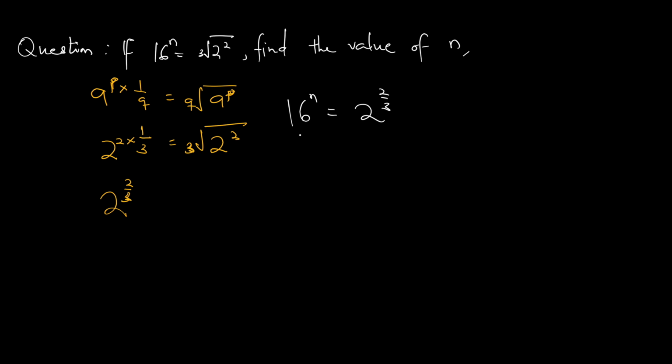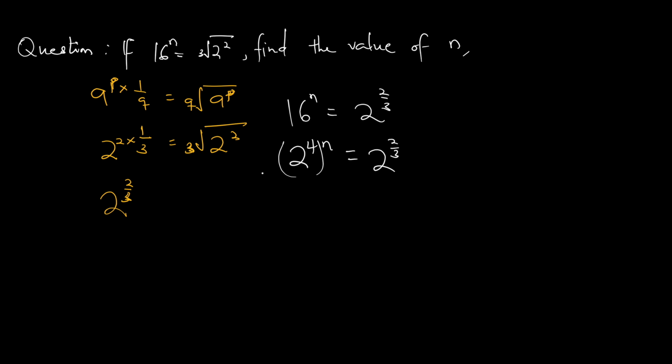So first, we need to express 16 as a number with a base of 2. So 16 is 2 raised to the power 4, so 2 raised to the power 4, all raised to n, is equal to 2 raised to the power 2 over 3. So 2 raised to the power 4 is equal to 16.